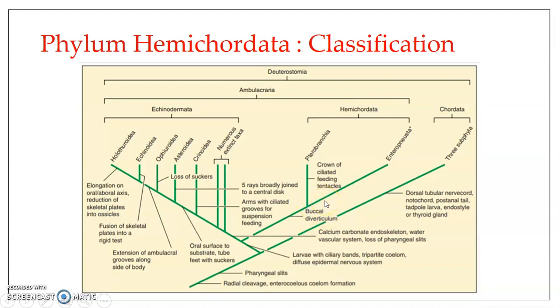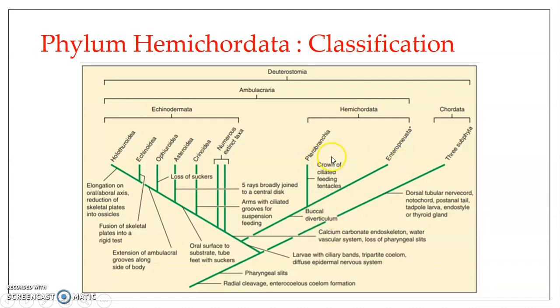Almost, we can see that there was a common ancestor very early in the evolutionary phase for both echinoderms and hemichordates, isn't it? And coming to the hemichordata, both the groups had a buccal diverticulum in the proboscis.